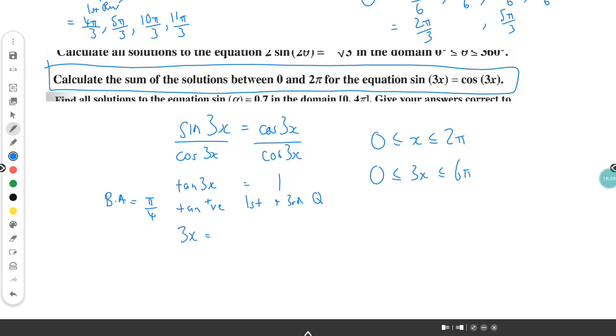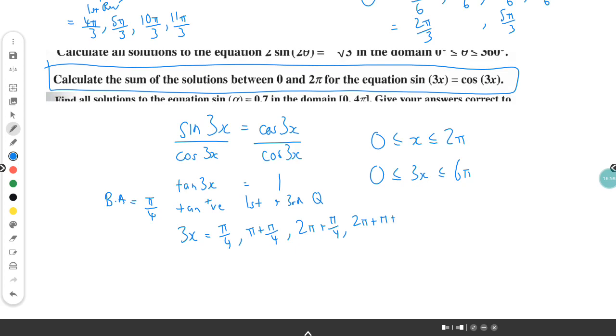So 3x. First quadrant's just the basic angle, which is pi on 4. Third quadrant is pi plus the basic angle. Now, because our adjusted domain is 6 pi, how many times have we got to go around? 3. So we've been round once. Second time we add 2 pi to each of those. Yes, I know there's an easier way of doing this, but I'm just setting it out.